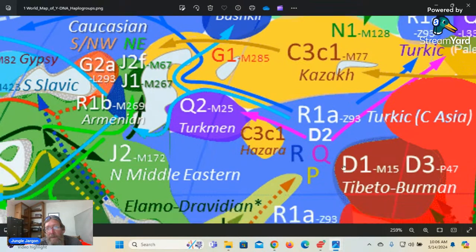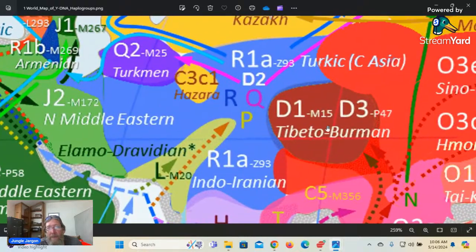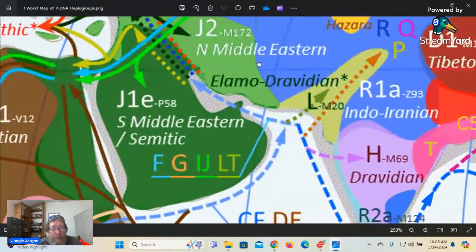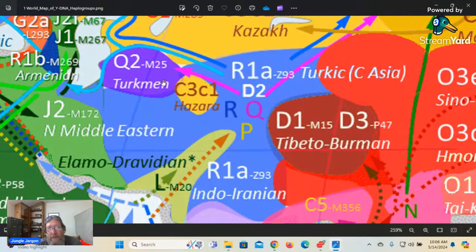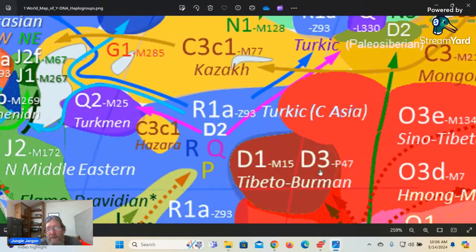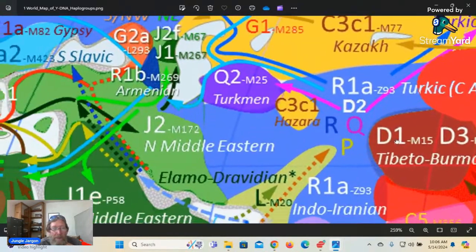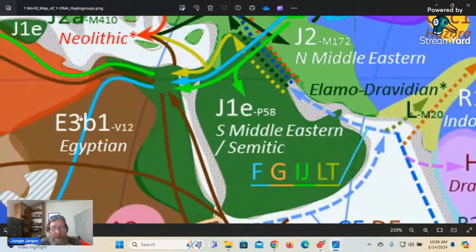But the D is assigned a different letter from E because it's from E. But it seems to me they assigned this as being D because of the similarity with C, except that it's not even the same. They're not even the same lineage together, because C has the CF marker that the D and the E don't have. So the D and the E don't have it, so D is more closely associated with the E than it is the C.